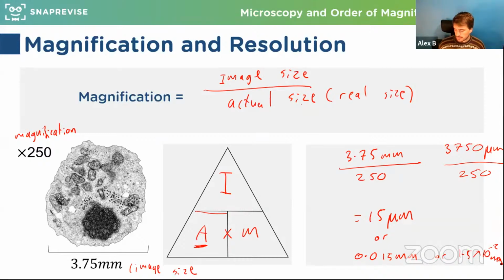So you can either use standard form or change the units. I think 15 micrometers is a nicer number than 0.015. It's easier to interpret. So that's why I did it in micrometers. It's not necessarily wrong, it just looks neater.